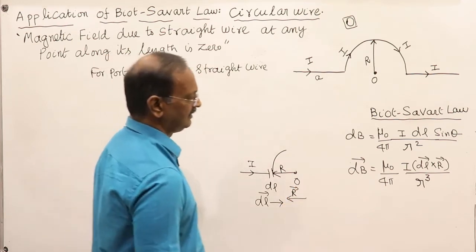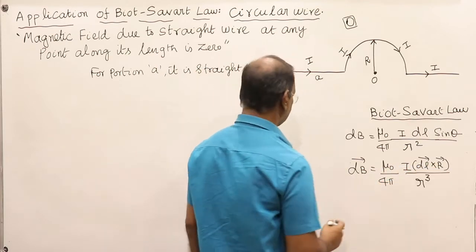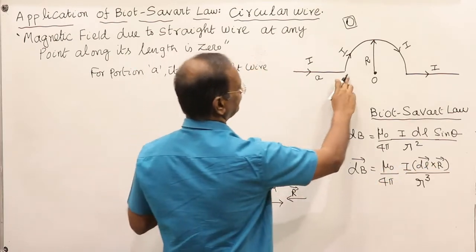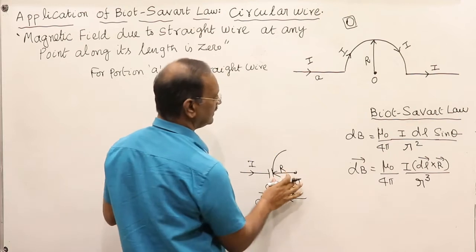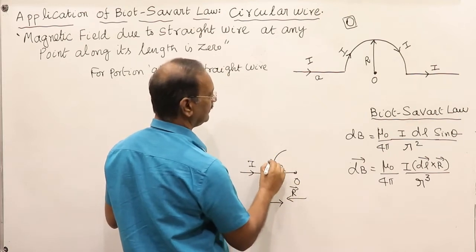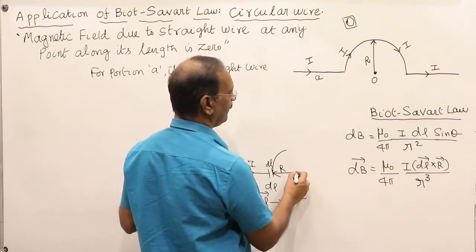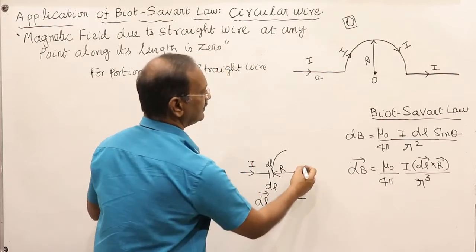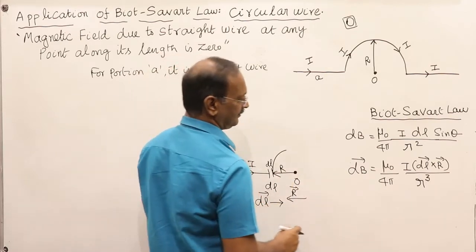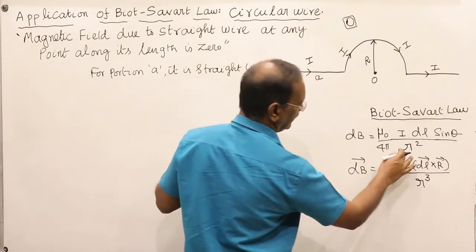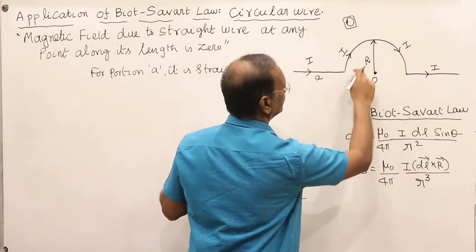Here r is nothing but the length between the current element dl and the point at which we are interested to find the magnetic field. Therefore, here instead of r square we use capital R.